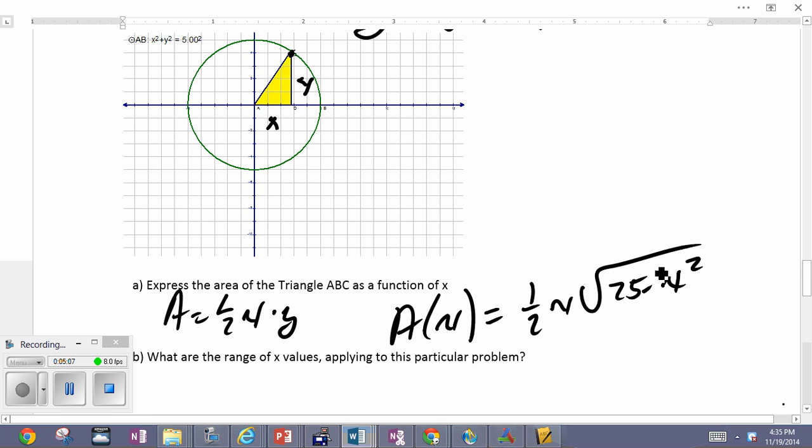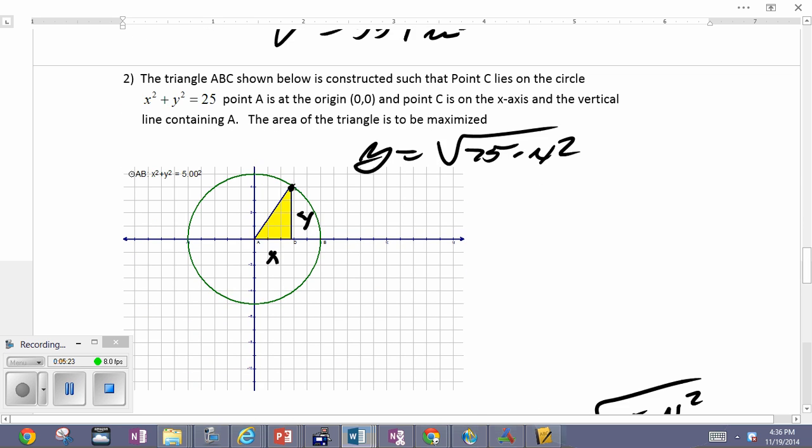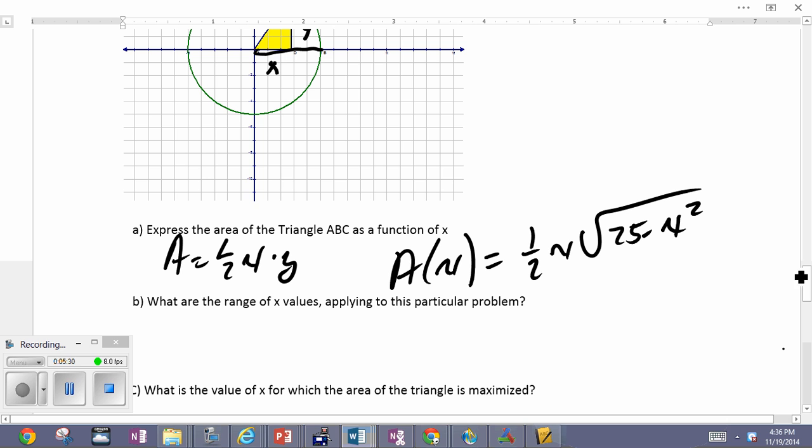There is nothing we can do with that analytically until calculus to optimize that. So we have to go to our calculator. What is the range of values for X? X is this length, which is at most going to be 5. So X is locked in between 0 and 5.